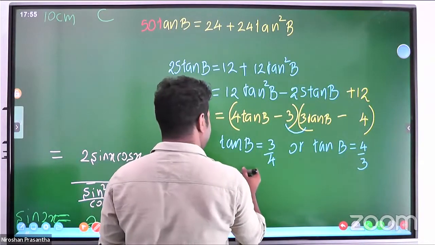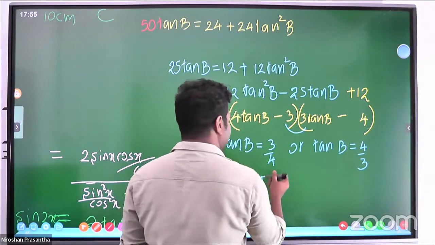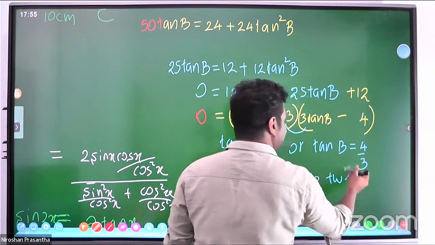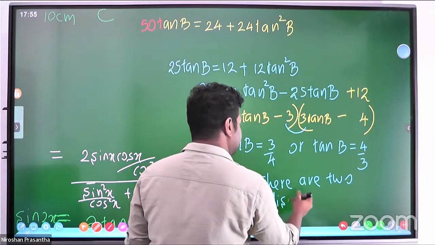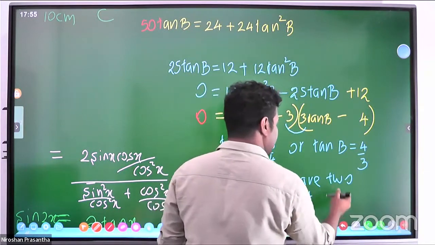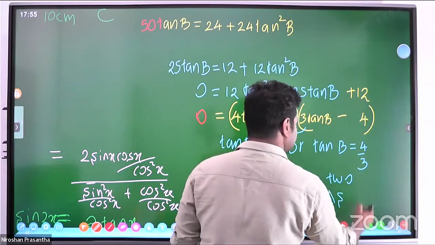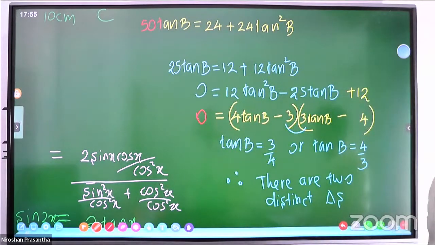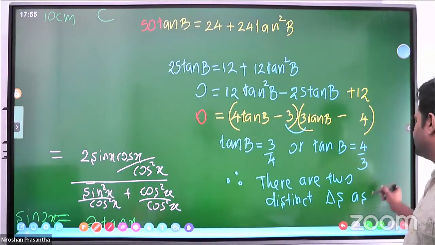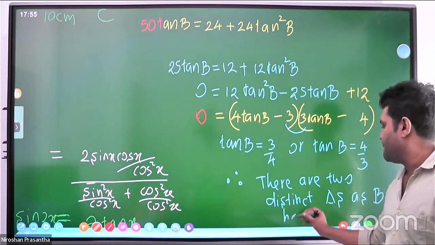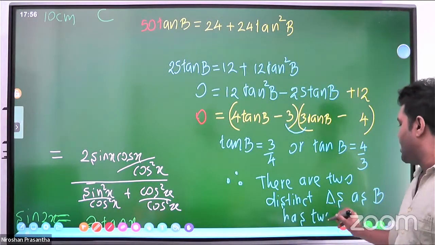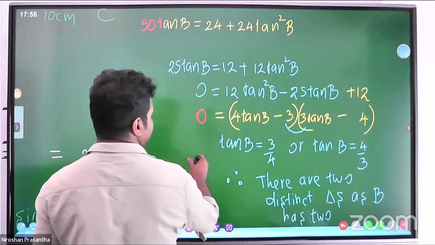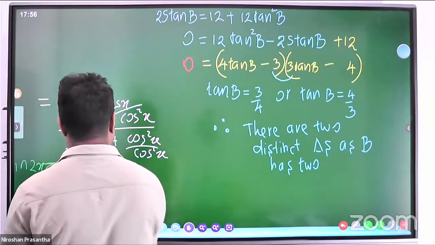Therefore, there are two distinct triangles, as B has two values. As B has two angles, or two magnitudes, or two values only.